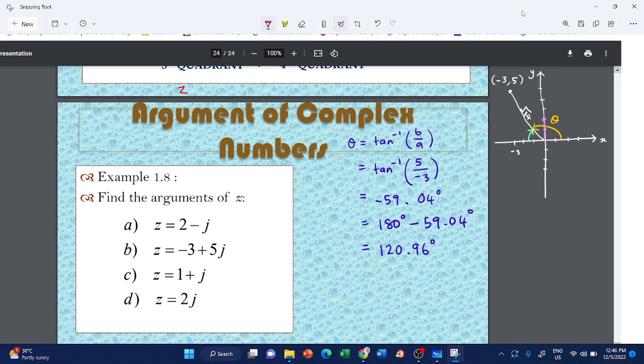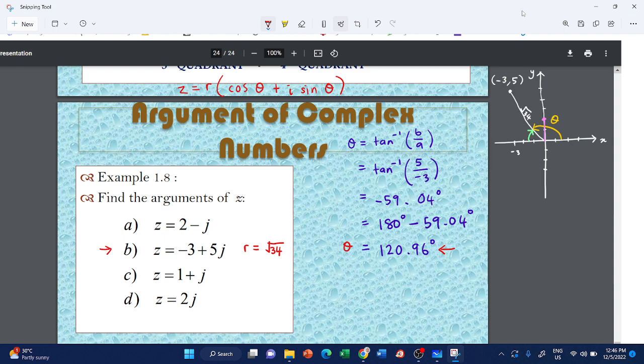The original number, we have z equal to r in the bracket cos theta plus i sin theta, or j sin theta. Just now this graph is for B, right? We found the radius is square root 34. The angle theta is 120.96 degrees.